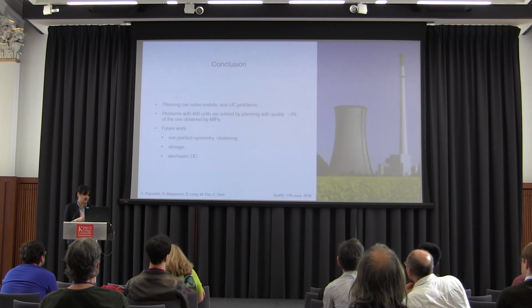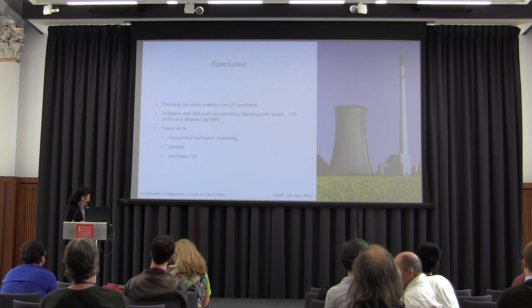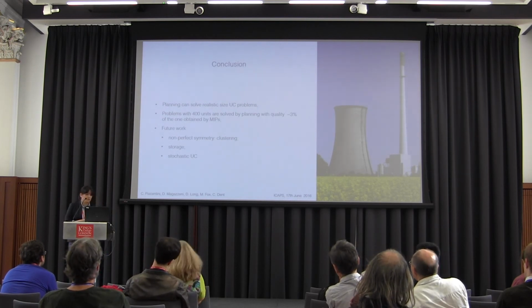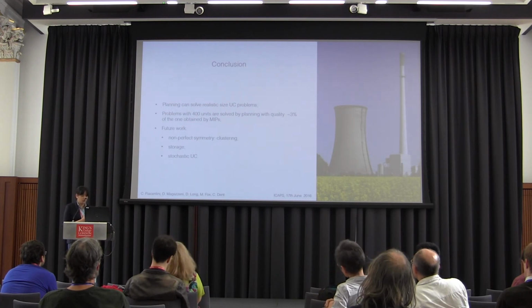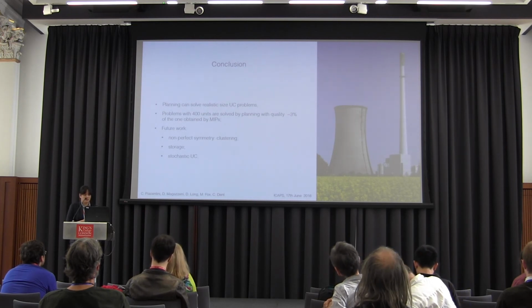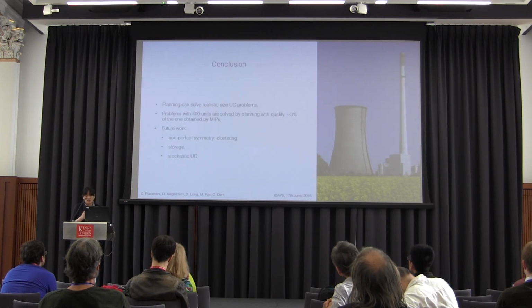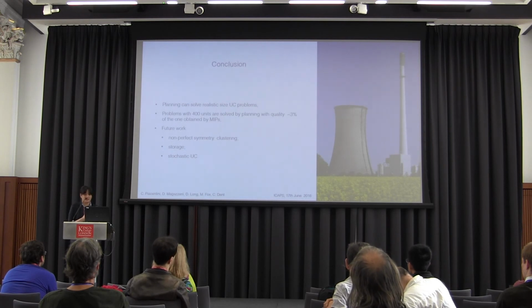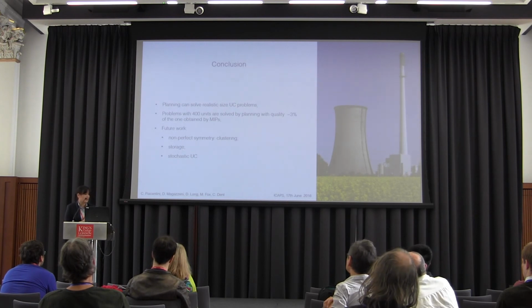And this is just to wrap up. We have shown that with our model we can handle 400 units, which is a realistic size for the unit commitment problem, and the quality of the solution is not too far from the solution from mixed integer programming.